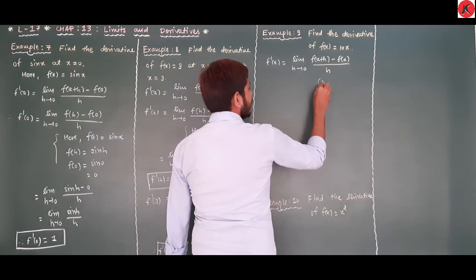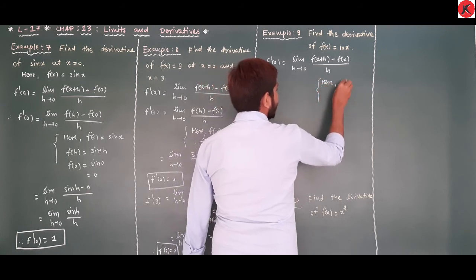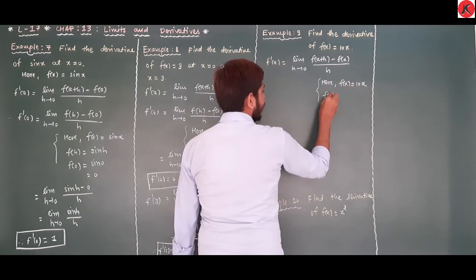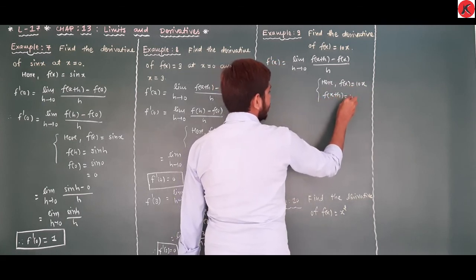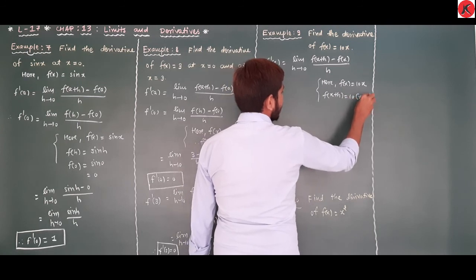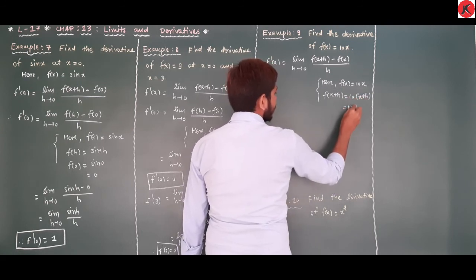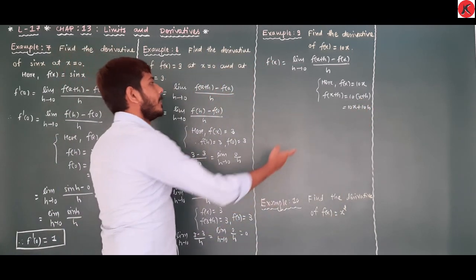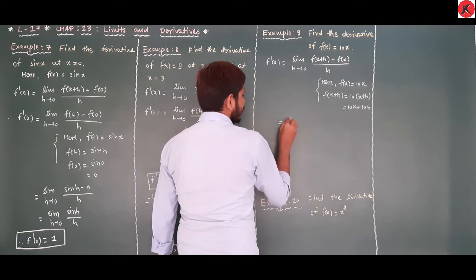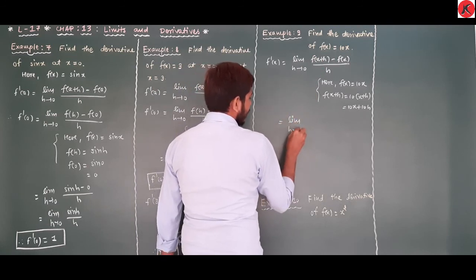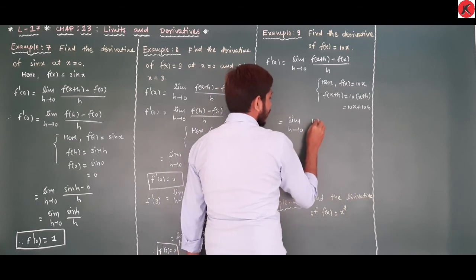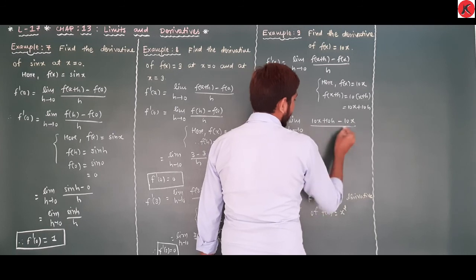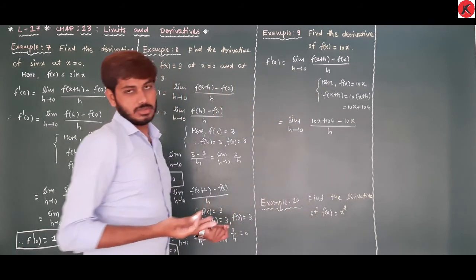Here we have f of x is equals to 10x, and from that f of x plus h will become 10 into x plus h, and simplifying this we get 10x plus 10h. Put both values.